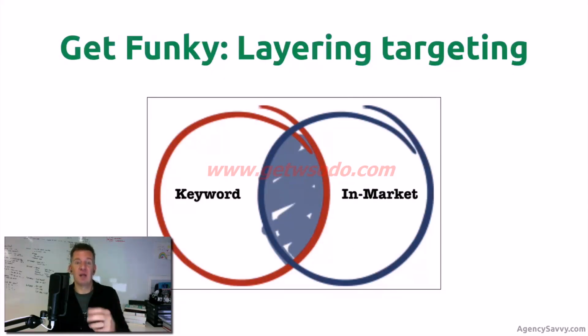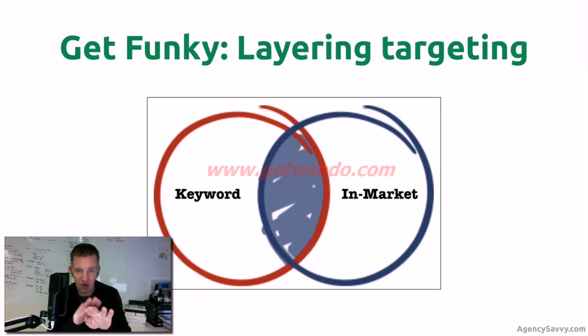And then if you really want to get funky, you start to combine some of these different targeting options. In this particular example here, you might say, Google, people that are on pages about this theme, which is the keyword stuff on the left, but also people that are in the market for this thing.